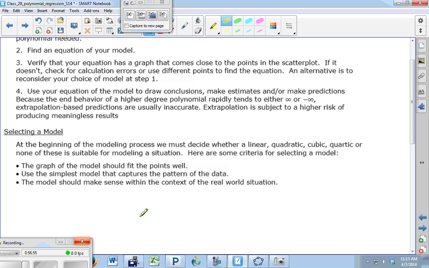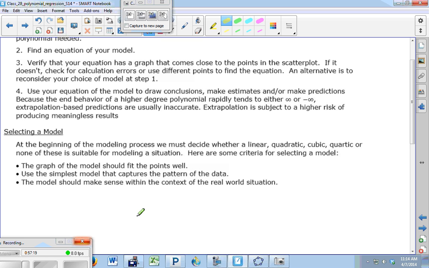And whenever you have a choice, when both models are strong, you always go for the simplest model. So if you had a degree 5 model and, say, a degree 2 model, and their R-squares were pretty close, then you would pick the quadratic. Okay? So the moral of the story is be as simple as possible.